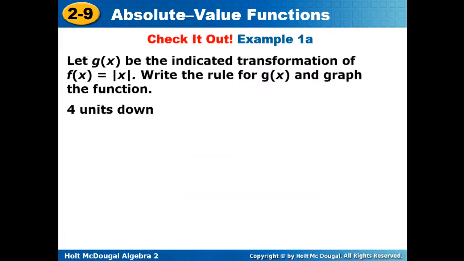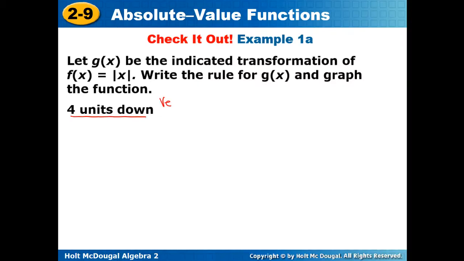All right, let's do another example. It says let g of x be the indicated transformation of f of x when it equals absolute value of x. Write the rule for g of x and graph the function 4 units down. Okay, so to go 4 units down, we're going to be using our vertical.